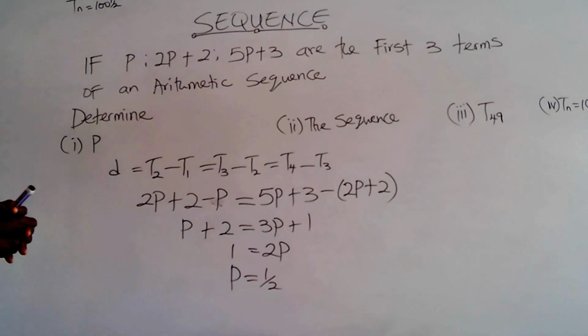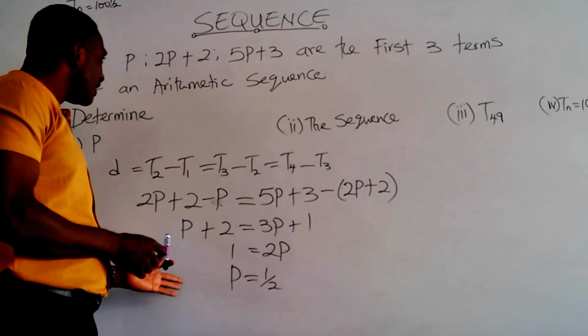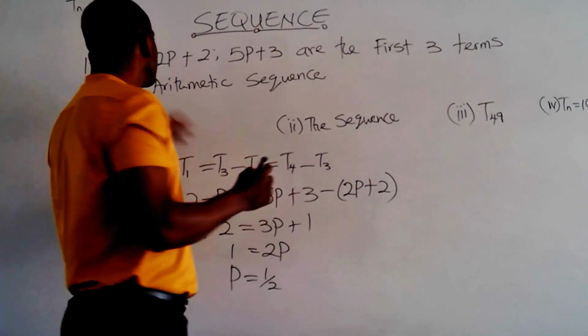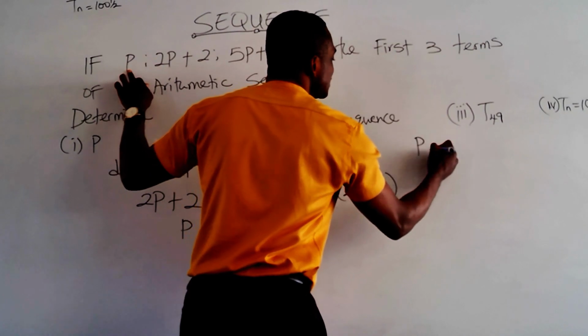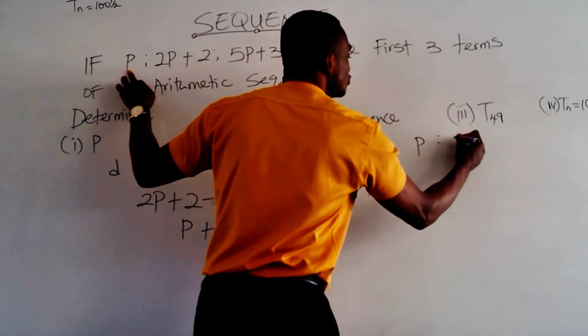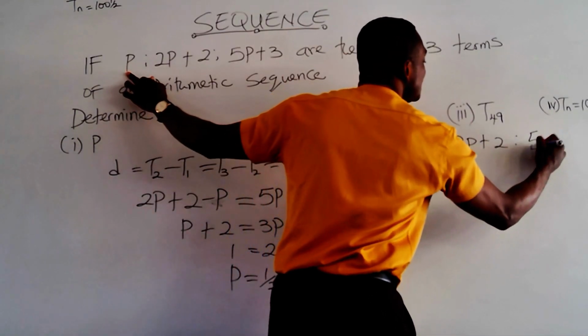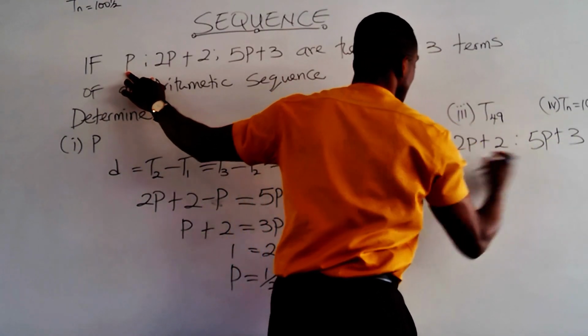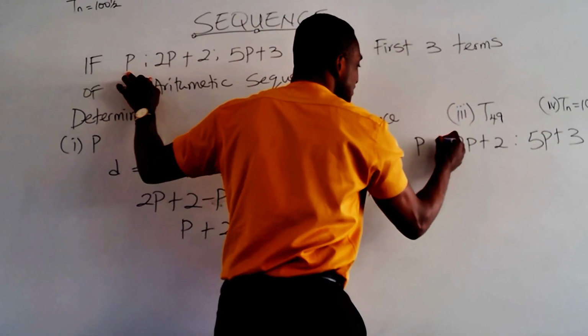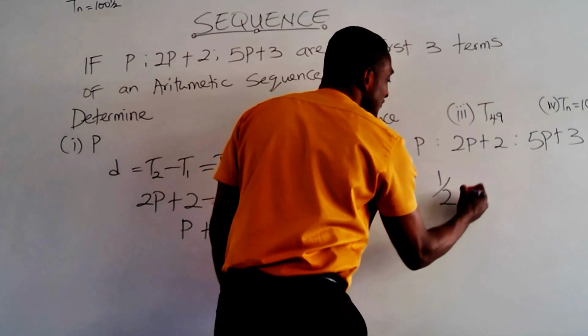Now, let's go on and answer the next question. It asks us, if p is half, then we should figure out the sequence. Remember the sequence is p, 2p plus 2, and then 5p plus 3. If p is half, our first term is half.